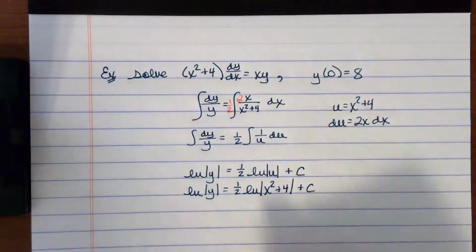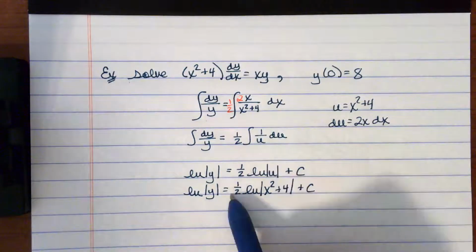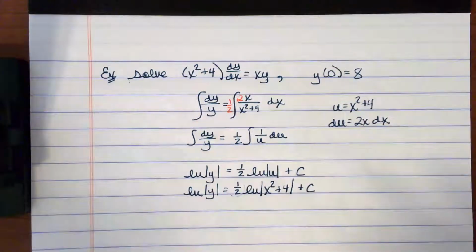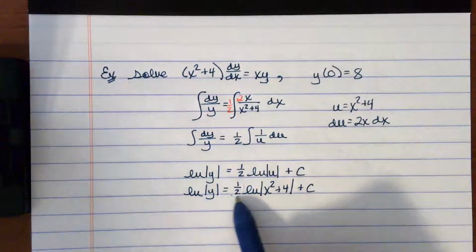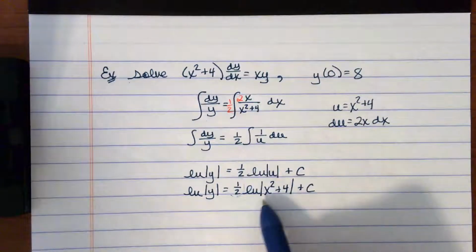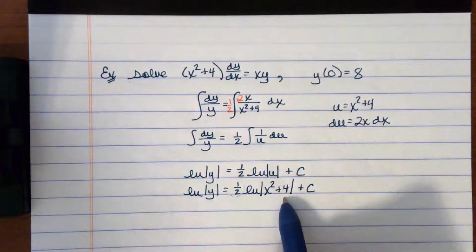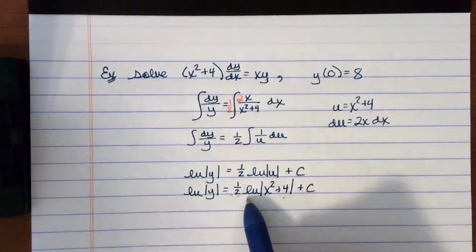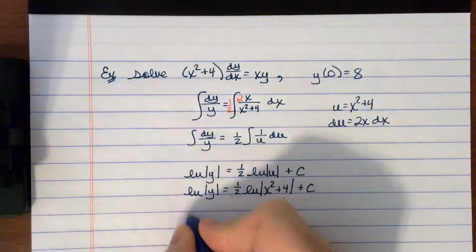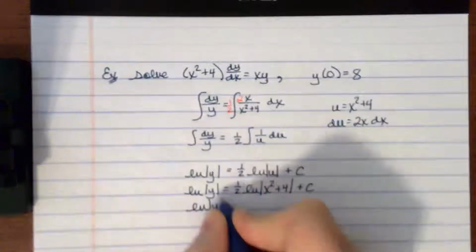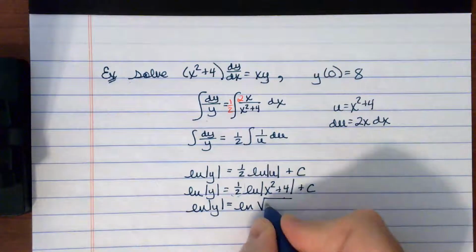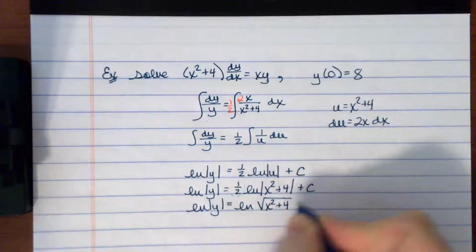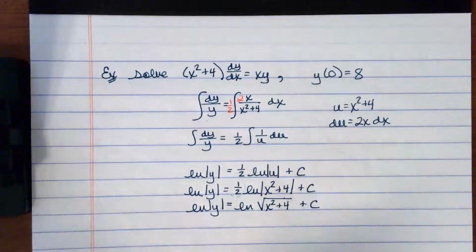Before I try to get the y by itself, where could I move this 1/2? By my properties of logarithms, I can take the 1/2 out front and turn it into a power inside there, saying the natural log of x squared plus 4 to the 1/2. Or why don't we just say natural log of the square root of x squared plus 4? Natural log of the absolute value of y equals the natural log of, by the way, this thing is always positive, so I'm just going to drop the bars and say square root of x squared plus 4, plus a constant.